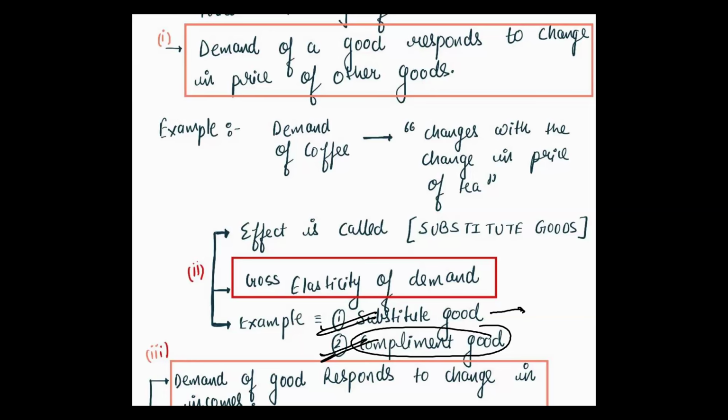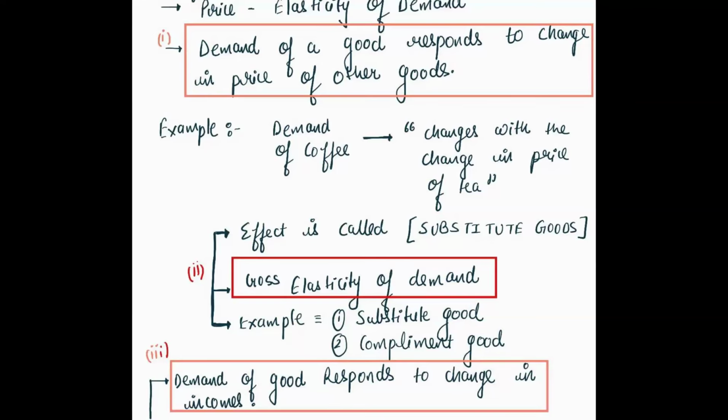So when demand is responding with the help of the price of other goods, it comes under the category of cross elasticity. There is a cross elasticity due to the change in price of other goods, that is, complement and substitute. The quantity demanded of that particular good is affected. So it is known as cross elasticity.